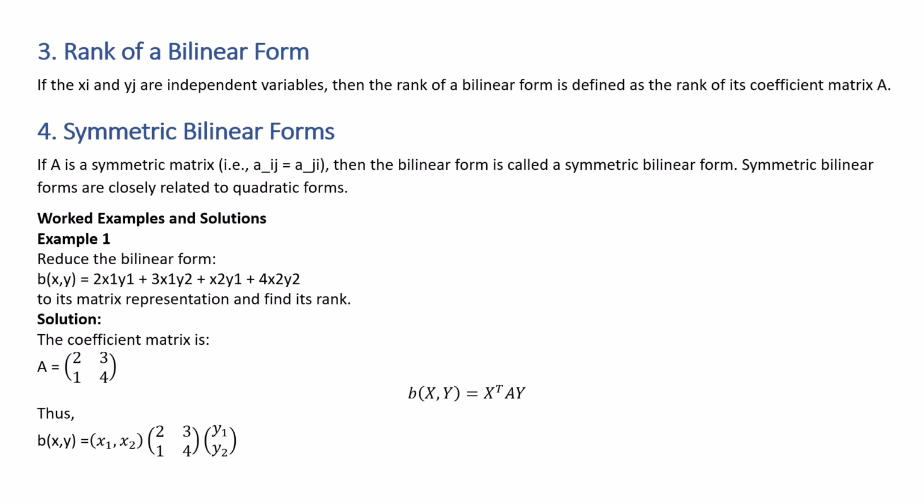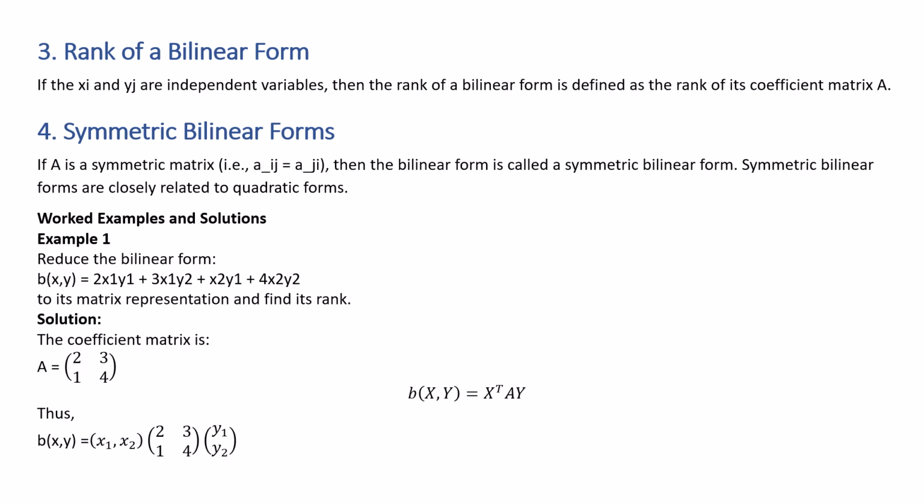If xi and yj are independent variables, then the rank of the bilinear form is defined as the rank of its coefficient matrix A. When you are given equations of bilinear form, you get your matrix A from the equations, and the rank of that matrix is the same as the rank of the bilinear form.